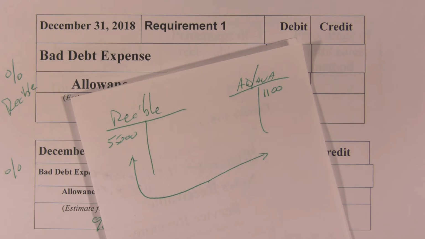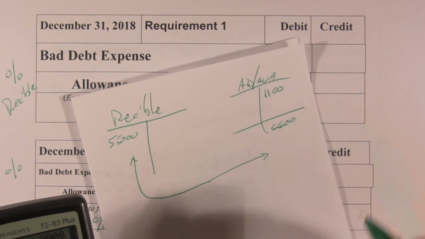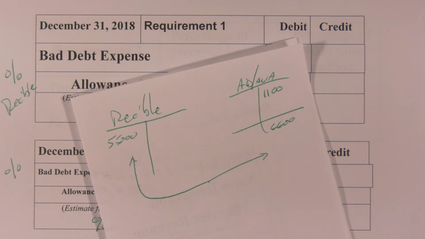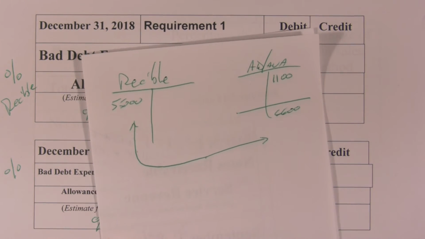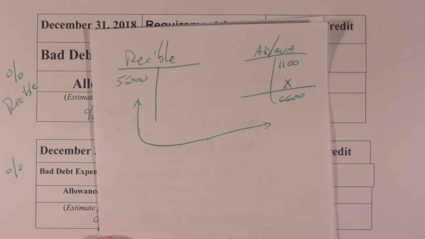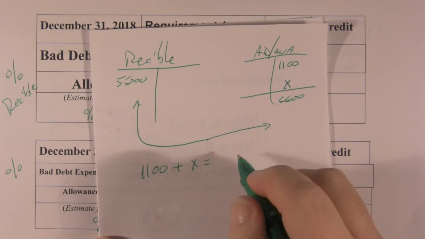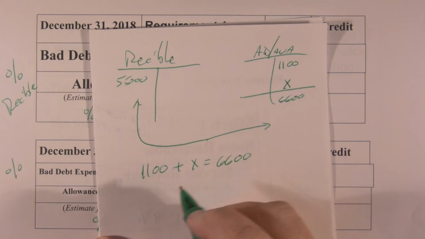55,000 times 0.12 is 6,600. So that's where we want to end up, 6,600. We had 1,100. So again, just like we did before, what do we have to figure out? This number. So it's 1,100 plus X equals 6,600.